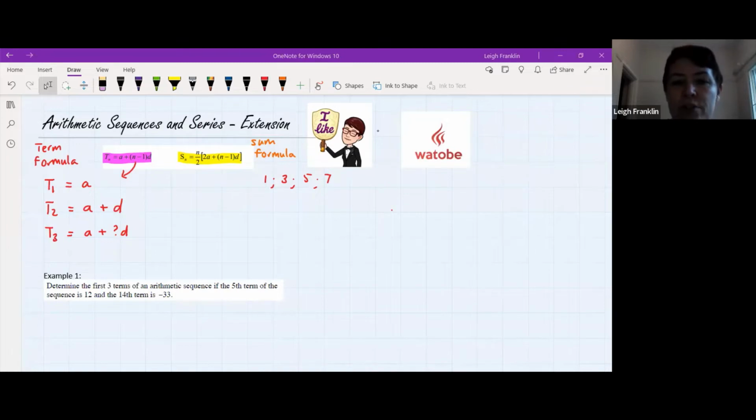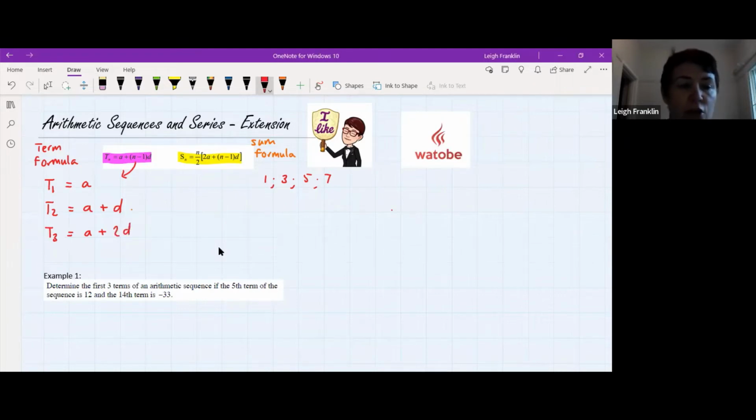It's very important that you know that for arithmetic sequences and series, we can write term 1 as A. We can write term 2 as A plus 1 difference. Term 3 can be written as A plus how many differences? Does anybody know how many differences we would need to add? 2 differences. Quite right, Sipasihle.